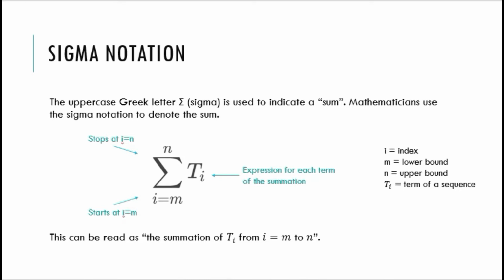It is also important to remember that the index i increases from m to n by steps of 1. So if m were 1 and n were 3, when solving, it will be 1, 2, 3. It will never be 1, 1.5, 1.8, like that, okay? As it will always rise by steps of 1.